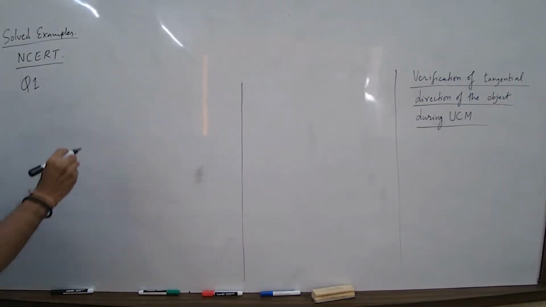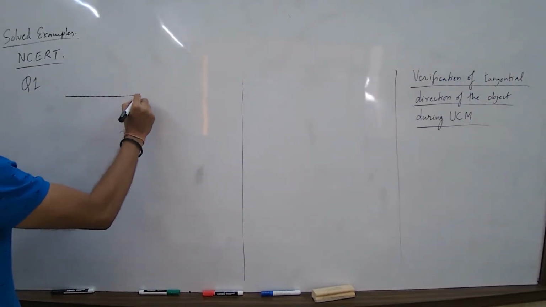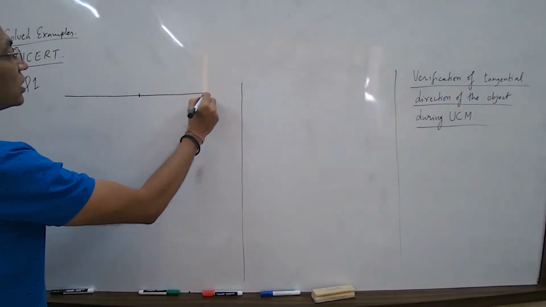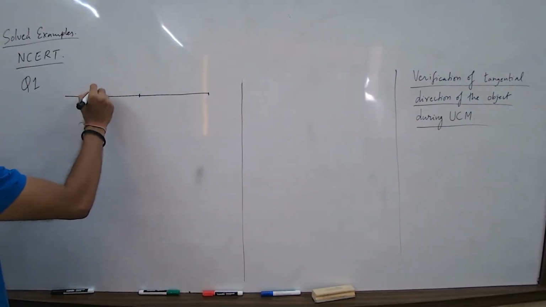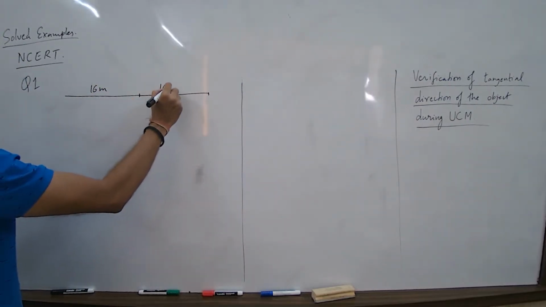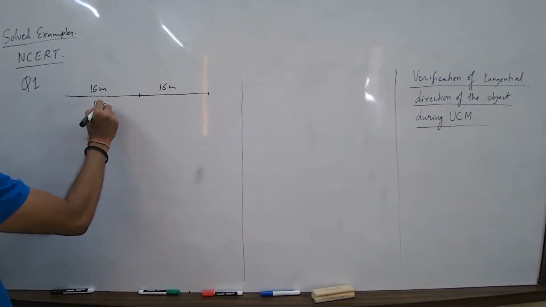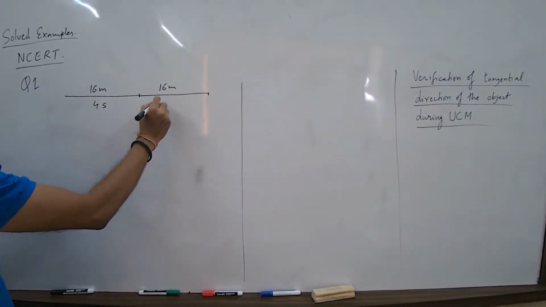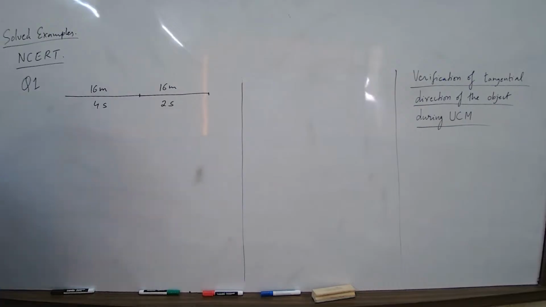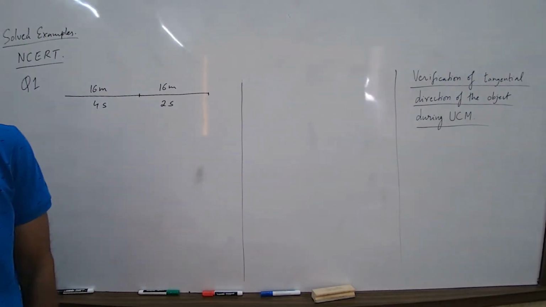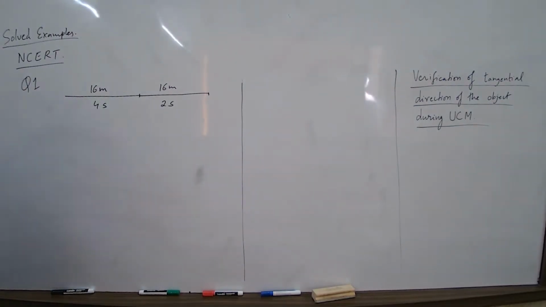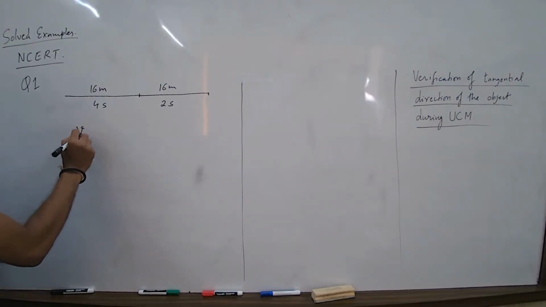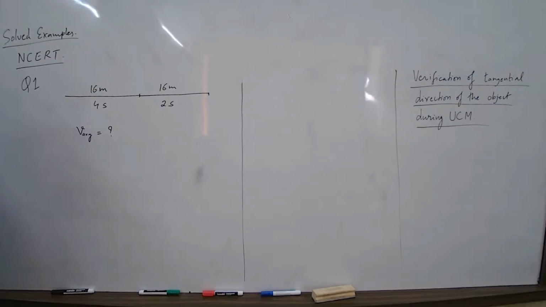So an object travels the length in 2 parts. This is 16 meters. This is also 16 meters. The first 16 meters it takes 4 seconds. The second 16 meters it takes 2 seconds. This is the question. What is the average speed of the object? So we will find the average speed. This is the scenario.